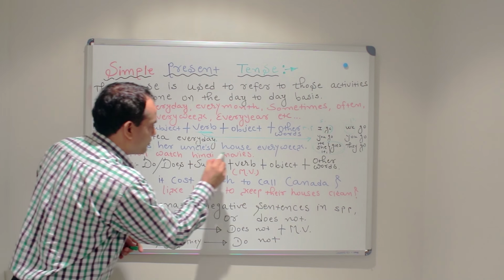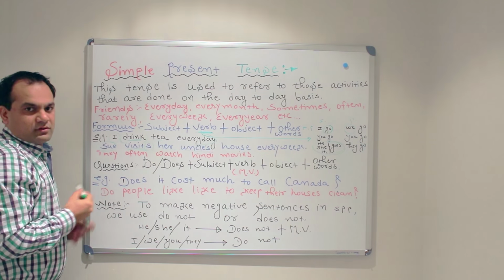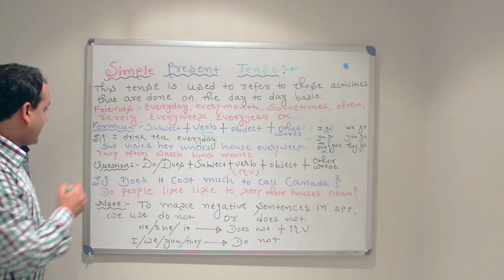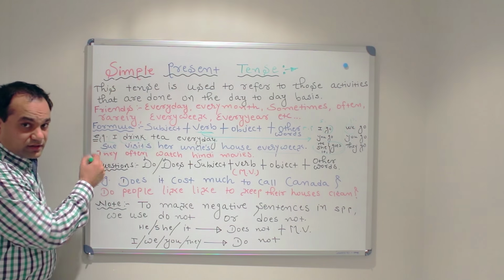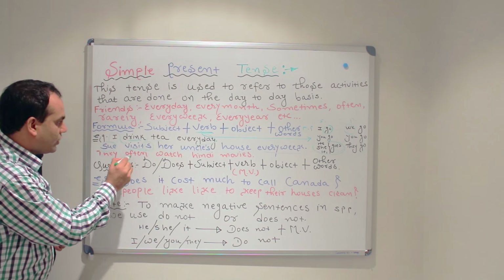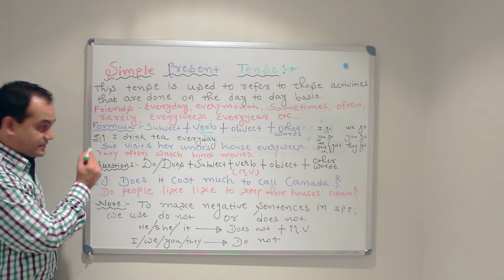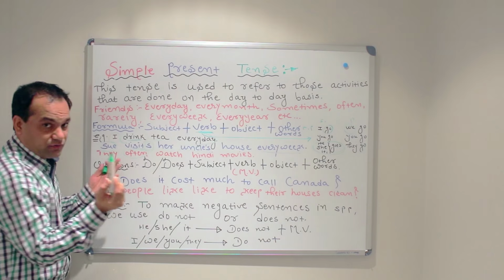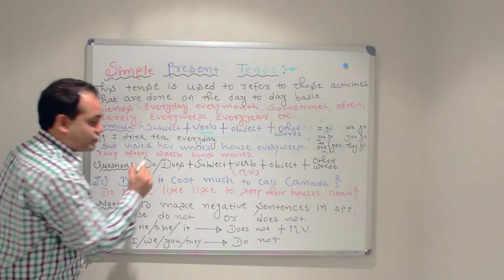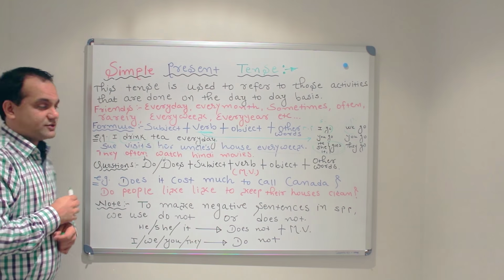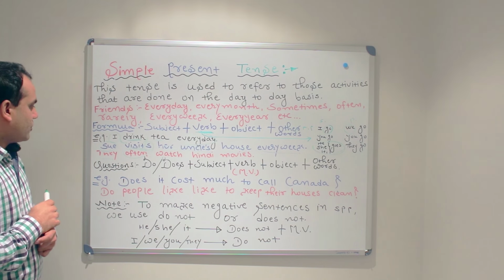Her uncle's house, other words, every week is a friend of simple present tense. Let's have a look at the third example. They often watch Hindi movies. In this sentence, they is subject, often is a friend of simple present tense, watch is a verb. Hindi movies, other words. So, there you go.